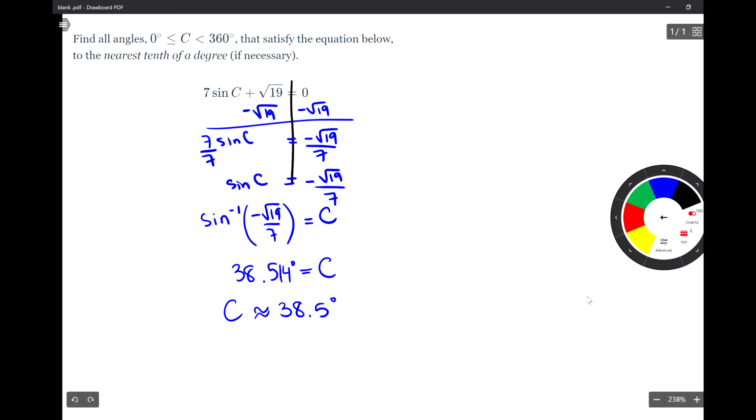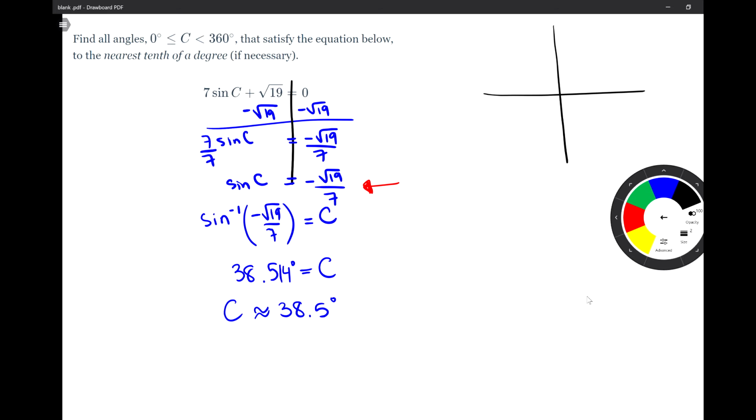At this step right here, if you notice that your sine is negative, then you need to sketch the angle on the unit circle. So this is the unit circle. And think about which quadrant will give you negative sine. Negative sine means we're looking for negative y values.